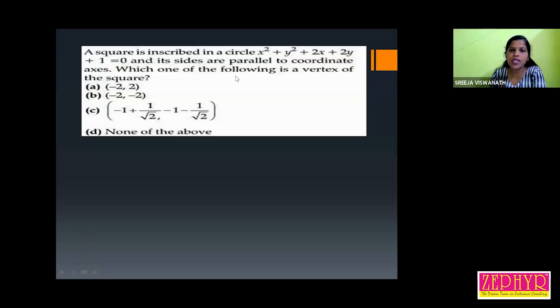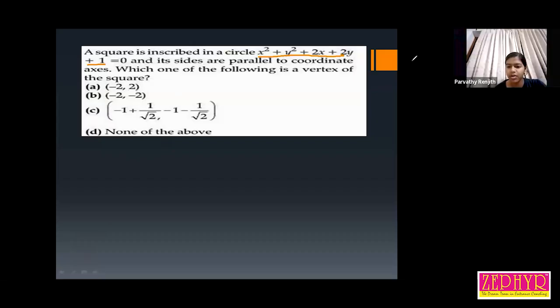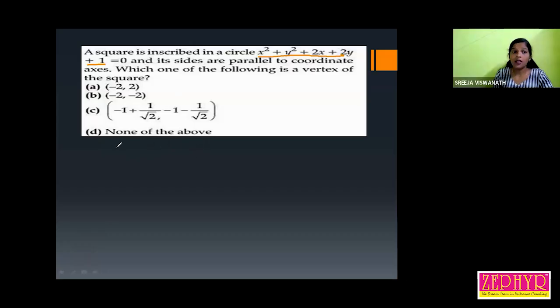So first we can find what is the center and radius of the given circle. How we can find that? Do you know? Center: take half of the coefficient of x and change the sign. Correct.